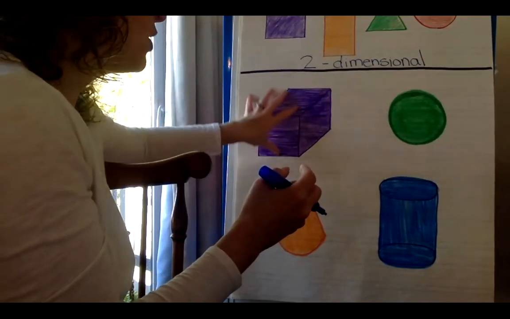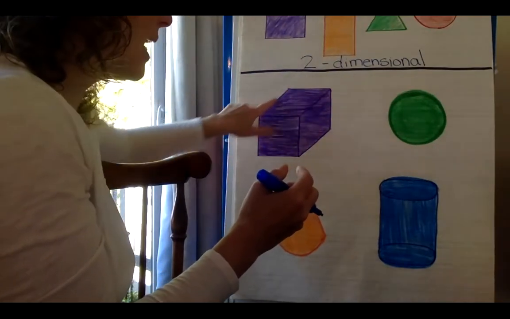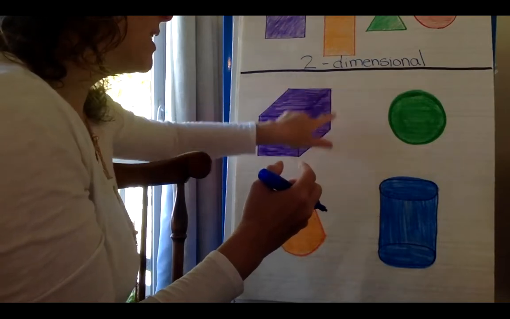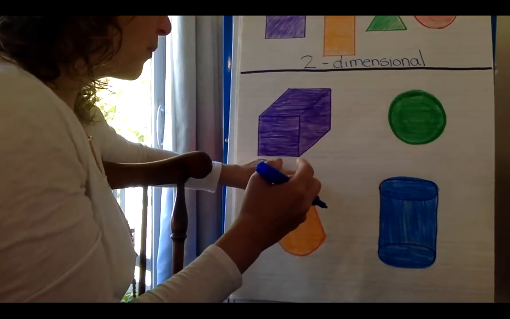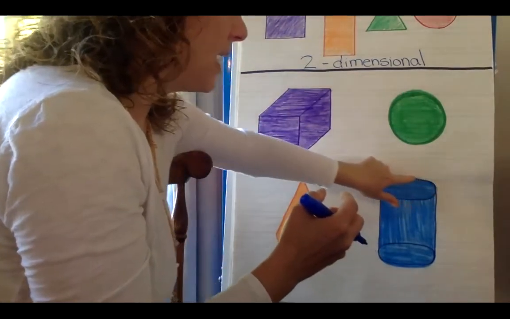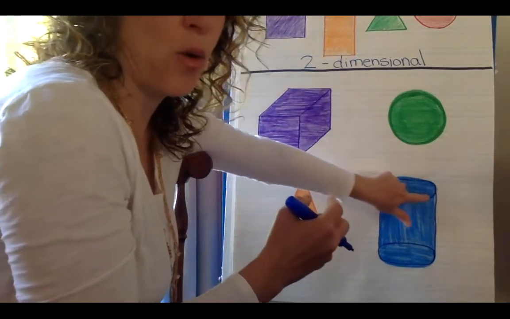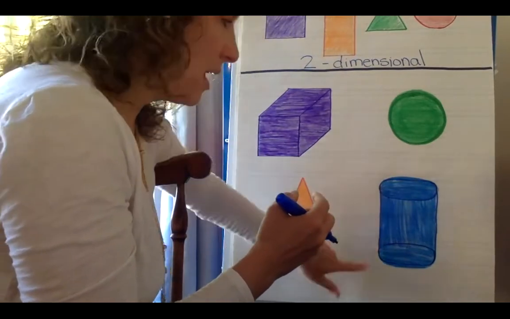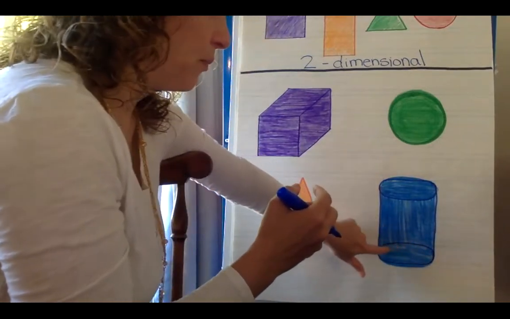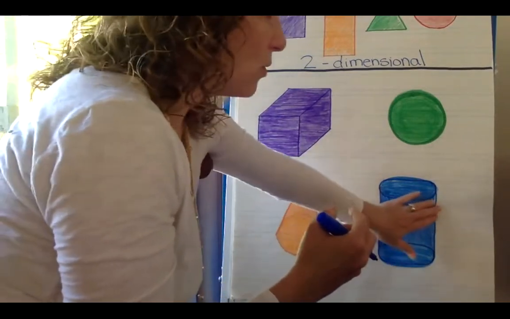And in our three-dimensional shapes, we still see those sides, vertices. Now, but here we have the curved lines. That shape is an oval, and this shape has an oval at the top and an oval at the bottom, and it's round all the way around.